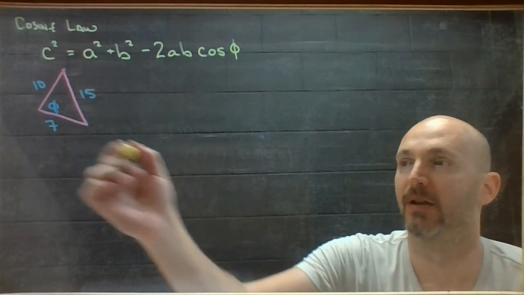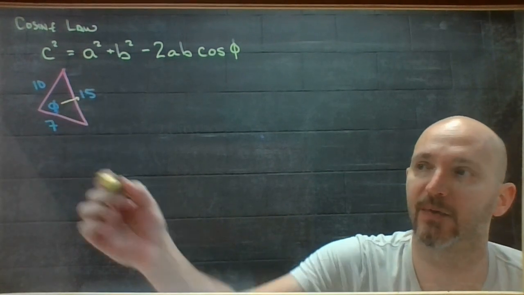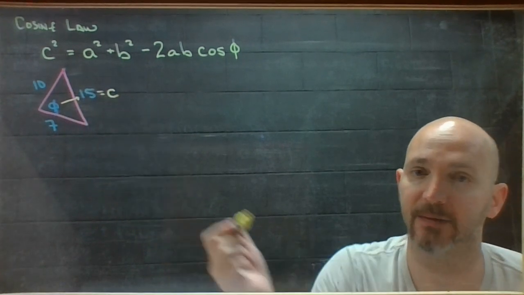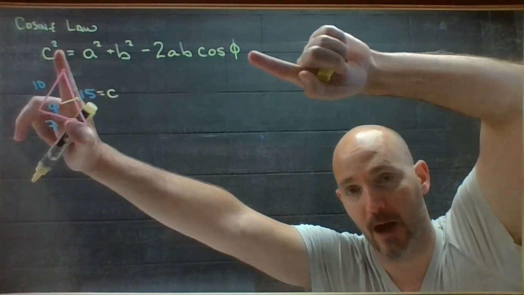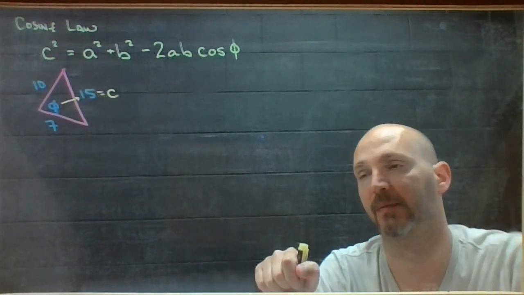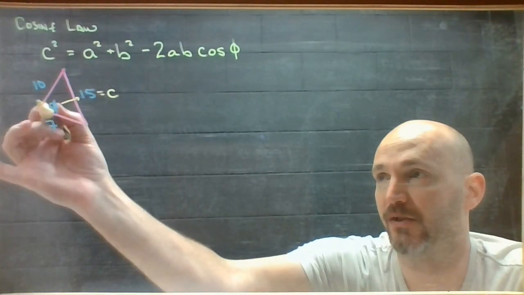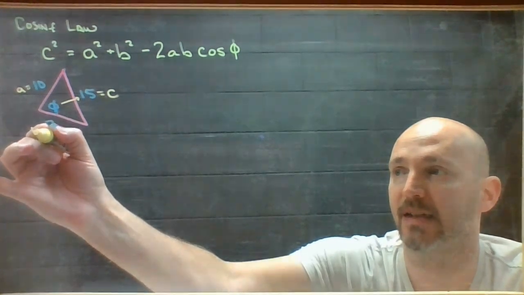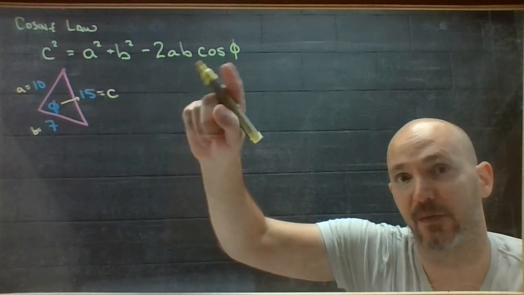So if I look across that triangle, I see the 15 is here. So the 15 is going to be my C value, because they are on opposite sides of the triangle, opposite sides of the equation. A and B are really interchangeable, so I'm just going to make 10 A and 7 B. So I'm going to have to fill in this equation.